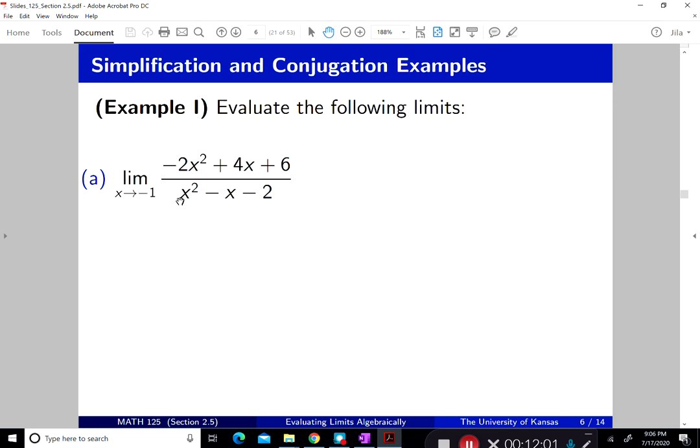If you plug in -1 in the bottom part, you're going to end up with, again, a 0. So this is direct substitution, and direct substitution gives me the form 0 over 0. That is going to require some simplification on our behalf.